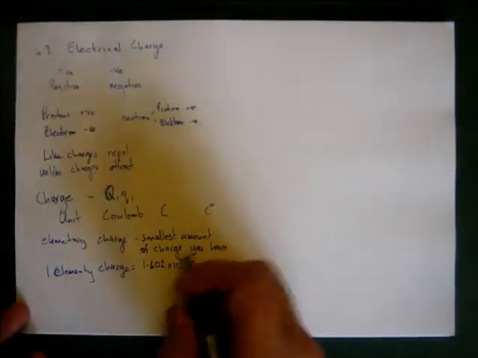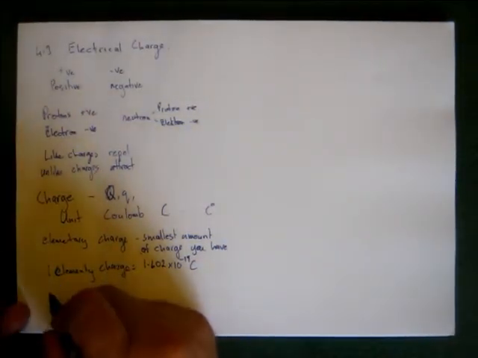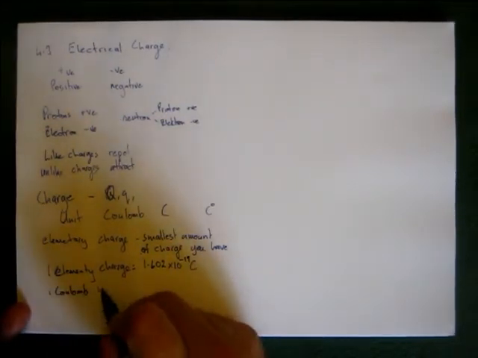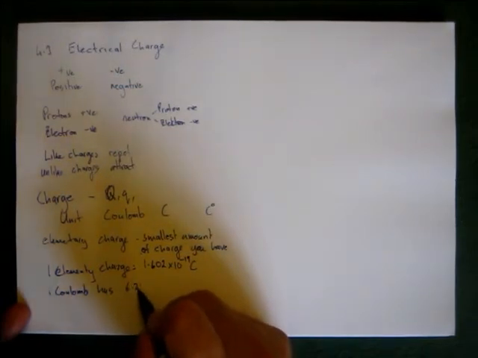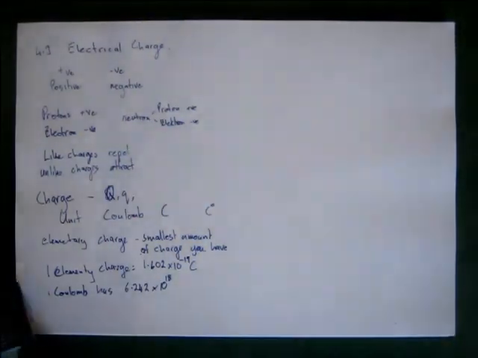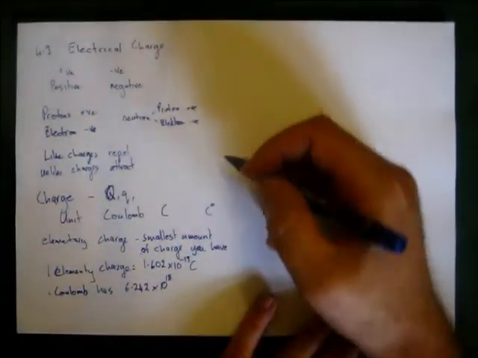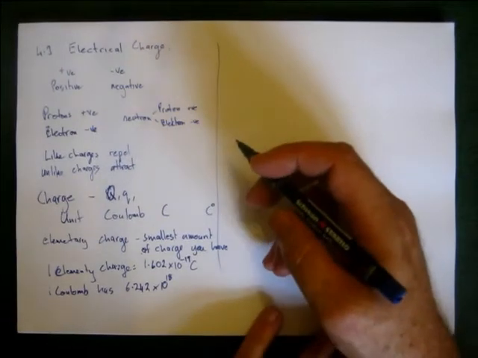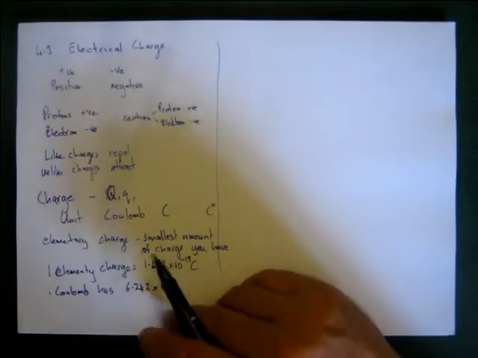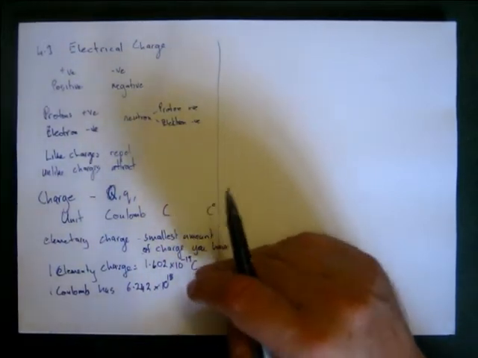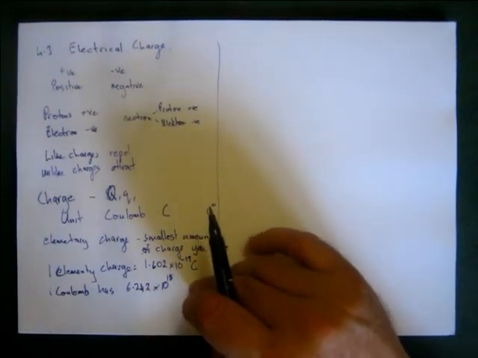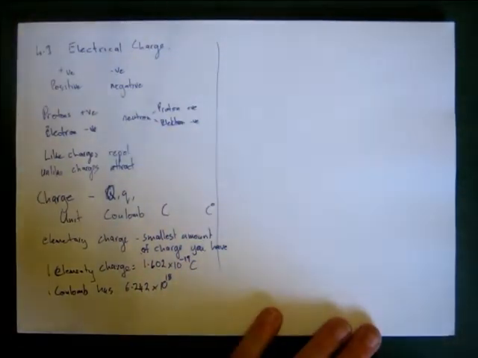So that means that 1 Coulomb has 6.242 times 10 to the 18 electrons or protons, depending whether it's positive Coulomb or negative Coulomb. So basically, if you sit there and count 6.242 times 10 to the 18 electrons go past, there's 1 Coulomb of charge.